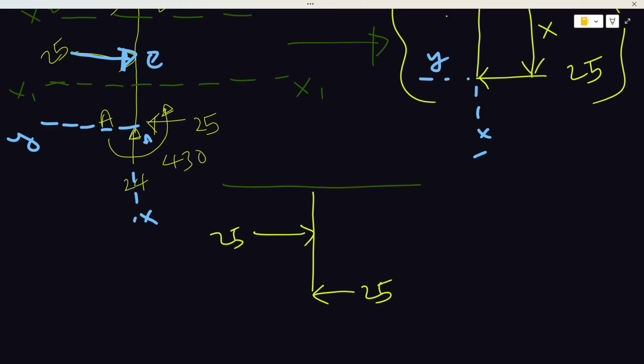This is the section X2. Once again, your shear force goes in this direction, Vx. You'll see more on this in the shear force and bending moments video.